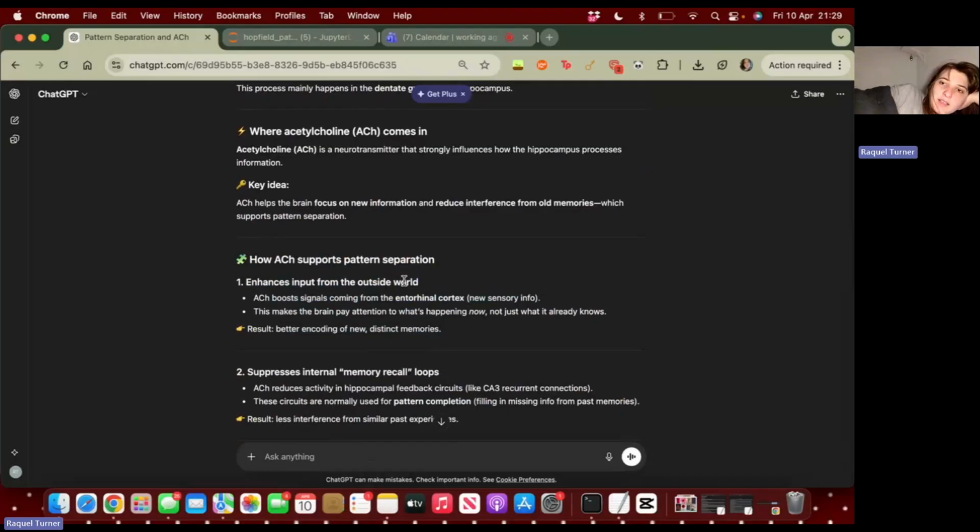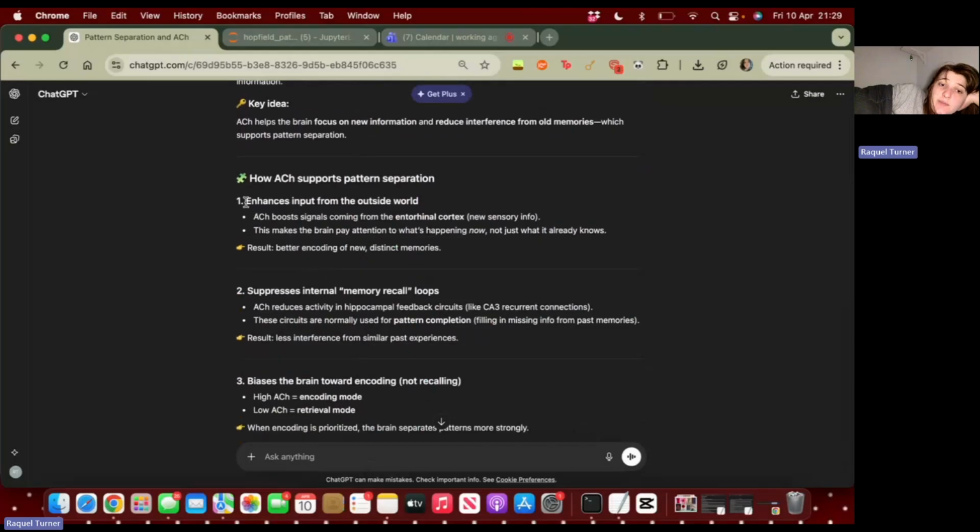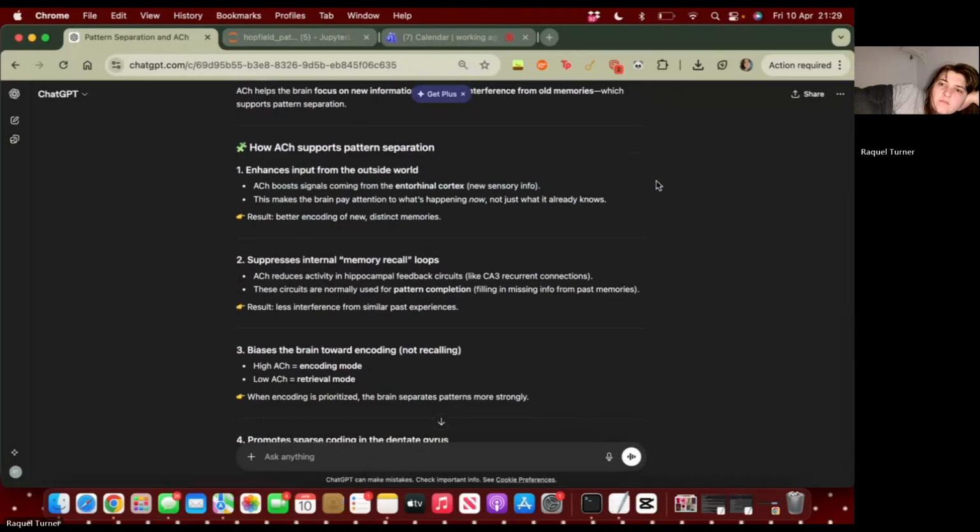This is the thing that's a bit messy: the new information coming in, this input from the outside world, would actually be the noisy pattern. There are a few different problems here because it would be boosting the signals coming from the noisy pattern. But the point of a Hopfield network is essentially to learn the pattern that's stored. Oh, I guess that actually makes so much sense, because that's the problem, right?